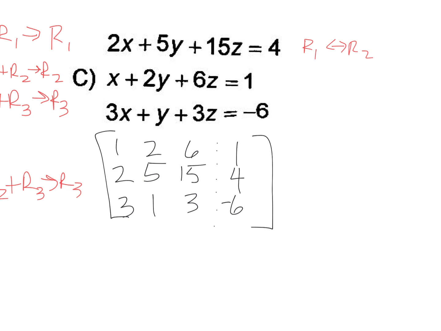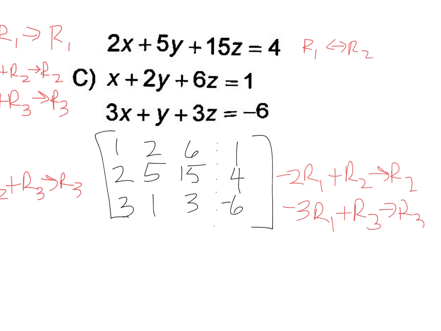So now that I flip those 2 rows, I can do my operations. I'm going to multiply this by negative 2 and add it to that. So I have -2r1 plus r2 gives us a new r2. Negative 3 times r1 plus r3 gives us a new r3.